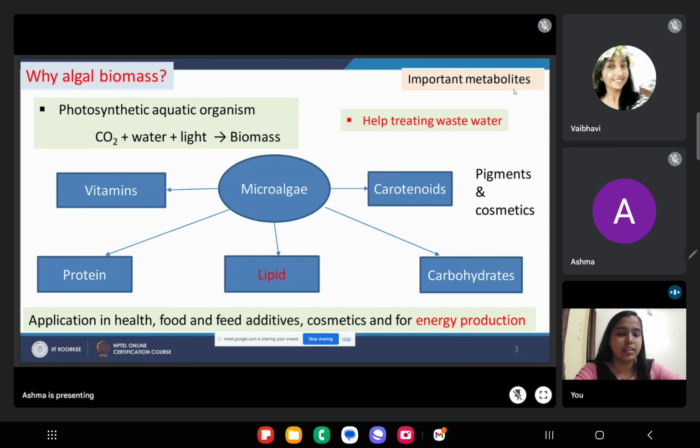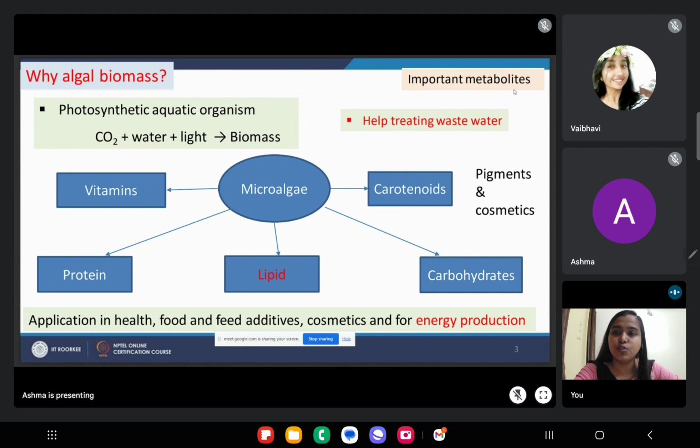So, as we know, algae are photosynthetic aquatic organisms. They can make their own food. For algae, inorganic carbon source CO2 is required along with water and light to produce food.